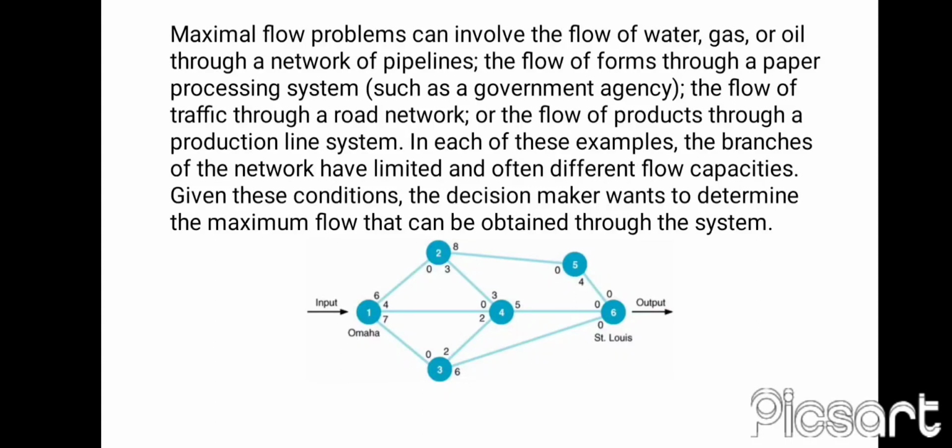The maximum number of railroad cars that can be sent through the route is 4. We are limited to 4 cars because that is the maximum amount available on the branch between nodes 5 and 6. This path is shown in Figure 7.19.